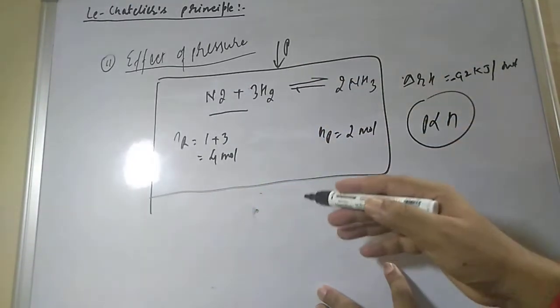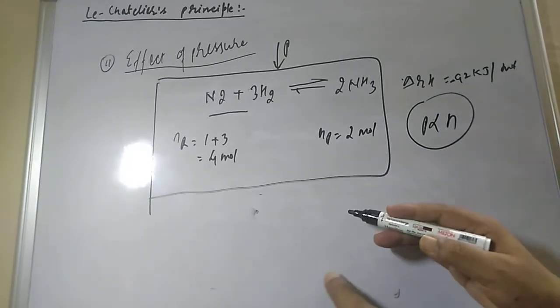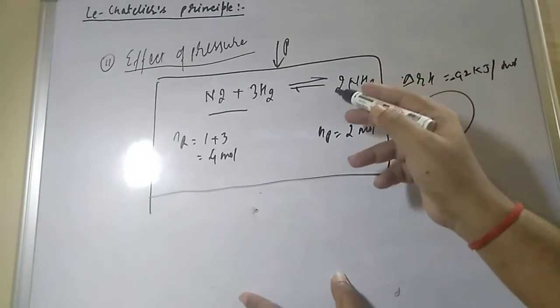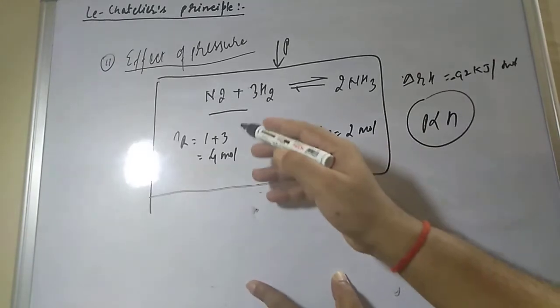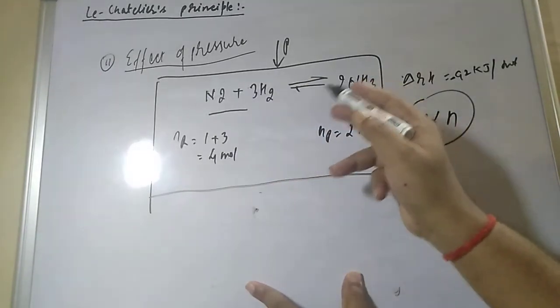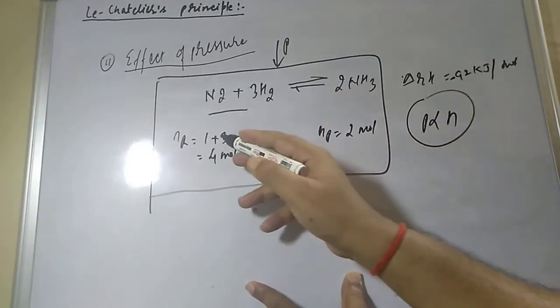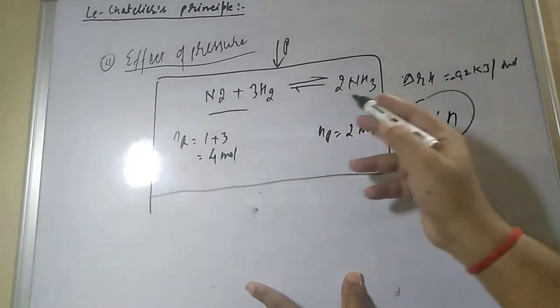So what is Le Chatelier's principle saying? The equilibrium will shift in the direction where the effect is minimized. If equilibrium goes in the forward direction, the number of moles reduces, so pressure will also reduce in this direction, and here it will increase.